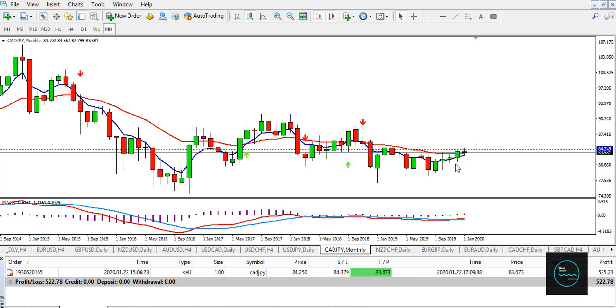Admittedly, it's not a very strong trend, but at least it's going up. I saw that we had the golden cross on the MACD, and the two EMAs were coming together here. So actually what I was looking for was a trade to go to the upside. Now I decided to go lower.